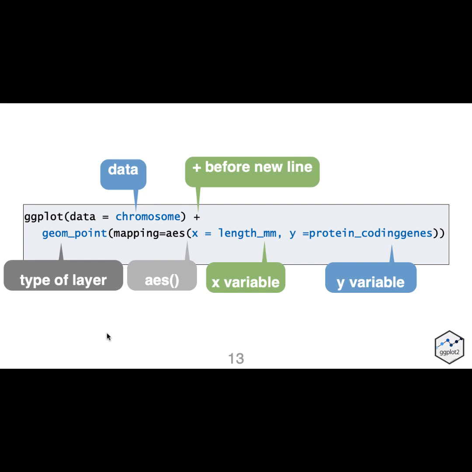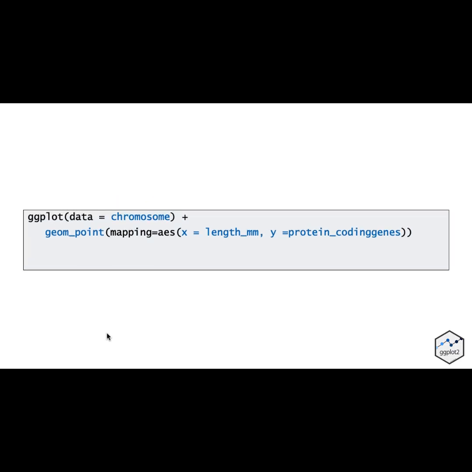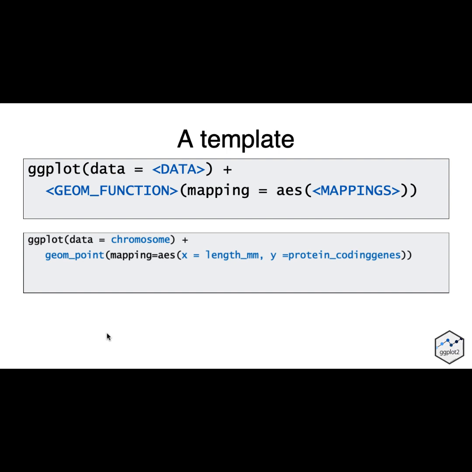So here you can see if we look once again at each little piece, we have ggplot, the data equals the name of our data set, so that's chromosome. We add our plus sign before the next line, go to the next line, specify our layer, map our aesthetics, and in this case our aesthetics are an x and a y variable. So this is your basic template of what you will start with every time. So you can change the data, the geometric function, and the mappings.